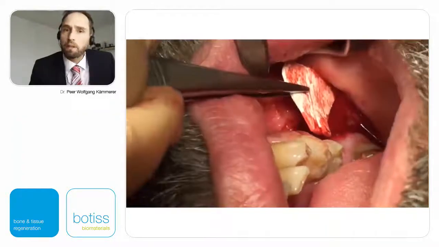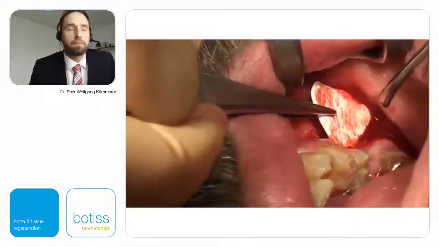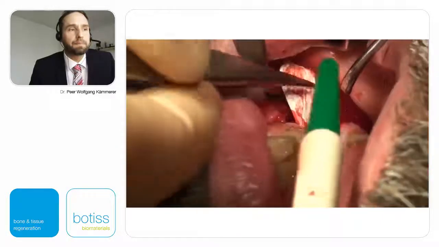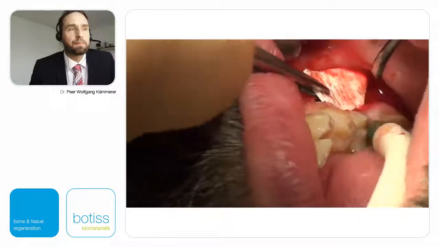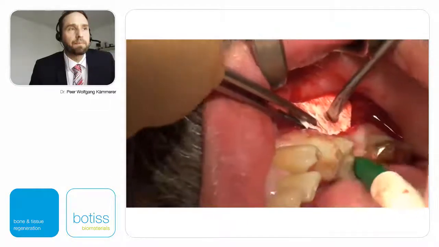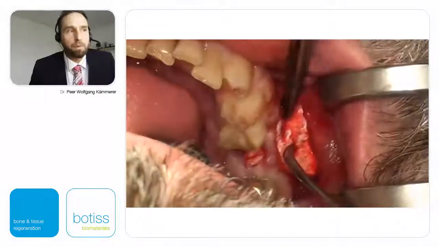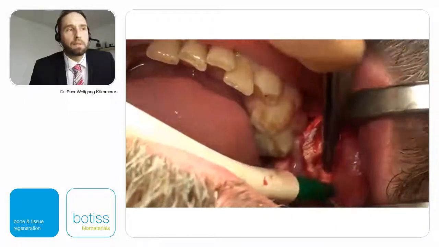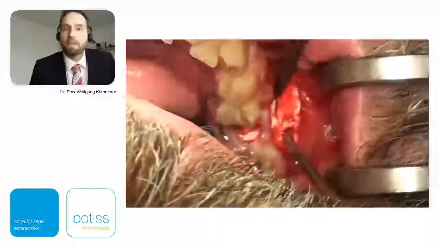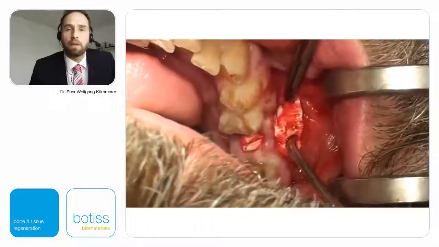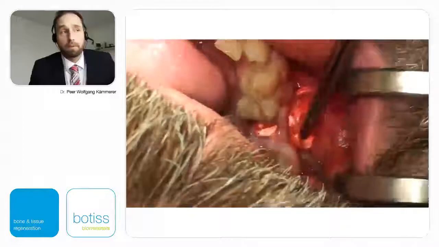You see, it's quite a thick membrane. As I said, in this case, we used it to put it through, just because we hope to increase the thickness of soft tissue at this site as well.